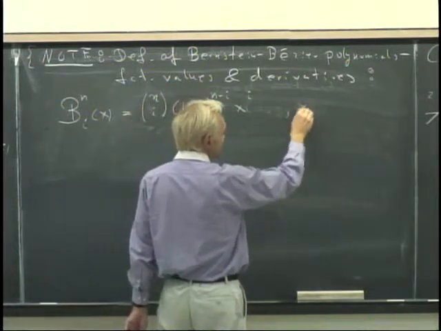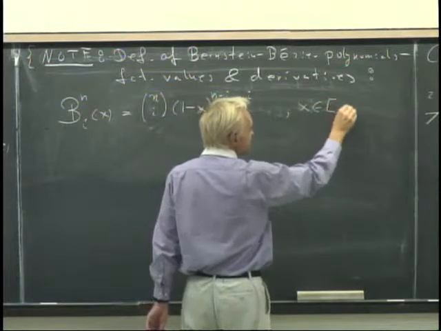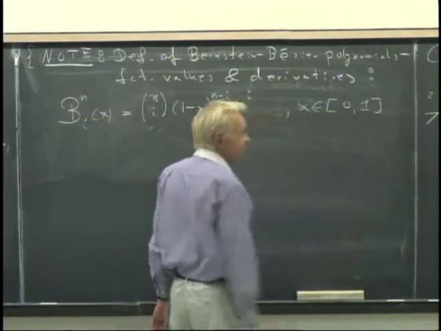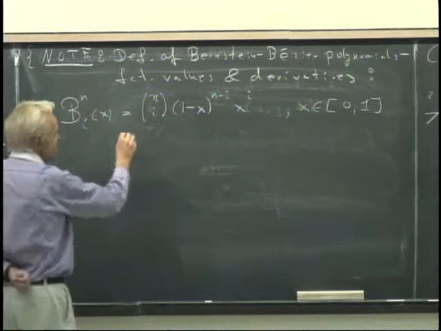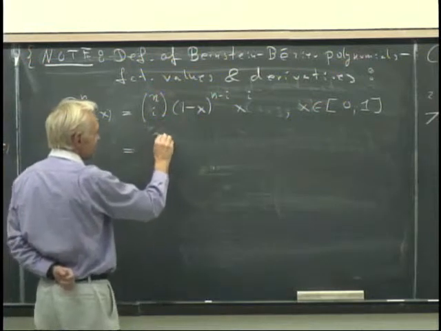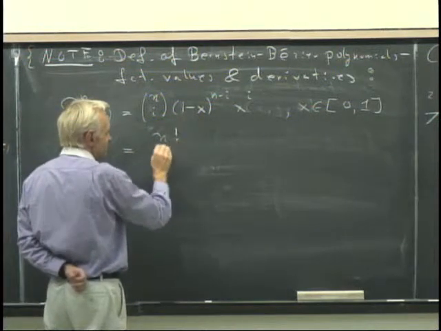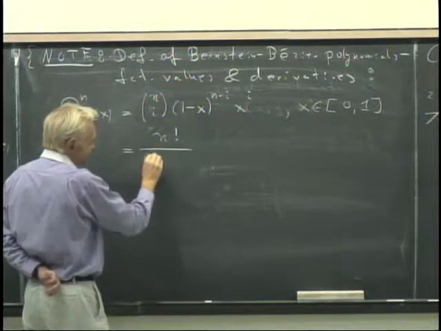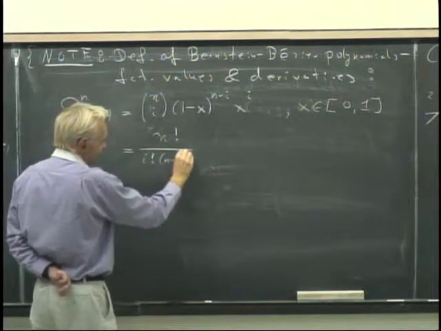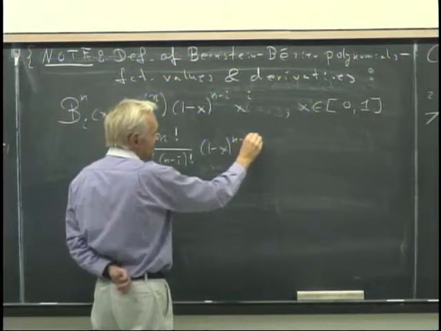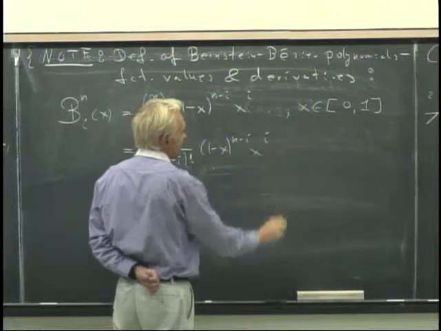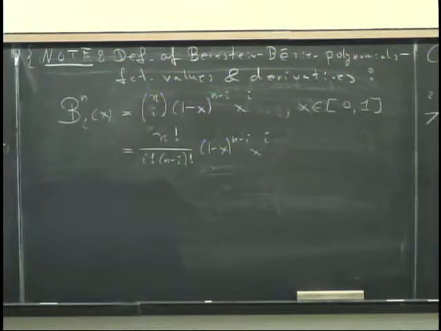And we assume that x always varies, for our simple case, between 0 and 1. Everything changes once you're dealing with grids which do not satisfy this. We'll talk about that later. This n choose i, I'll spell it out for you one more time: it's n factorial over i factorial times (n minus i) factorial, times (1 minus x) to the power of n minus i, and times x to the power of i. That's the polynomial.